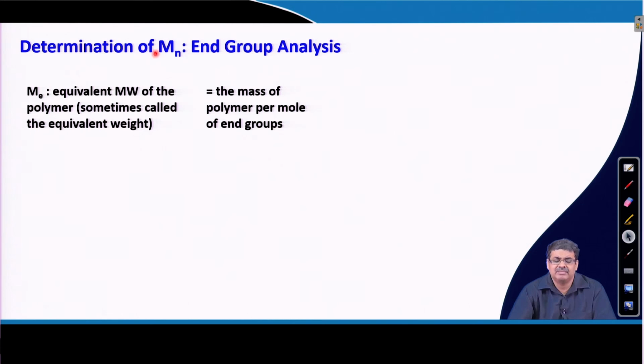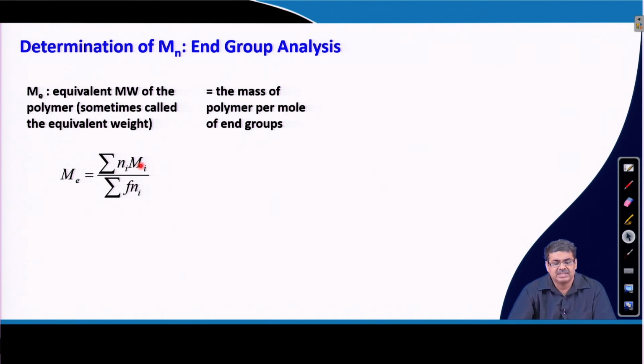To find out the molecular weight, we need to find out Me, which is equivalent molecular weight of the polymer, and sometimes called equivalent weight, is the mass of polymer per mole of N groups. Me is the total mass, Ni is the number of moles of polymer chain, and this is the molecular weight.